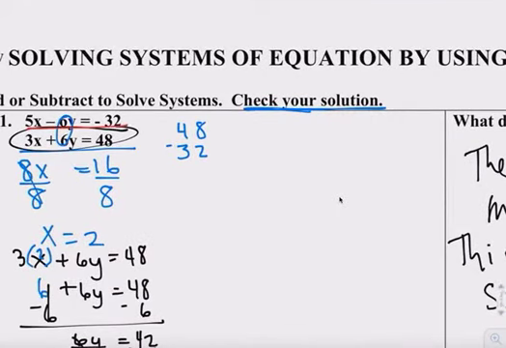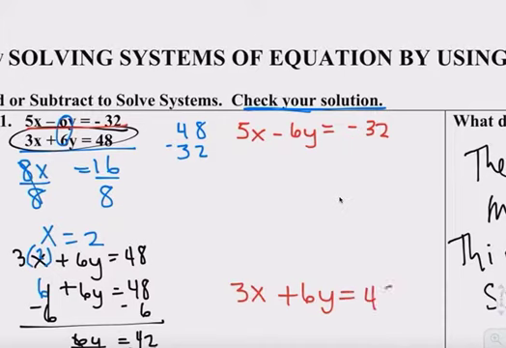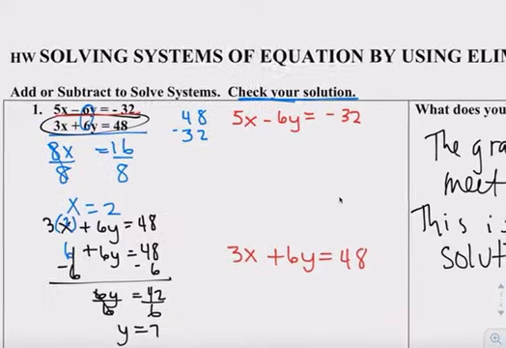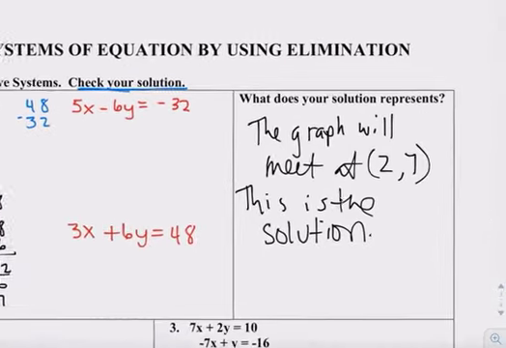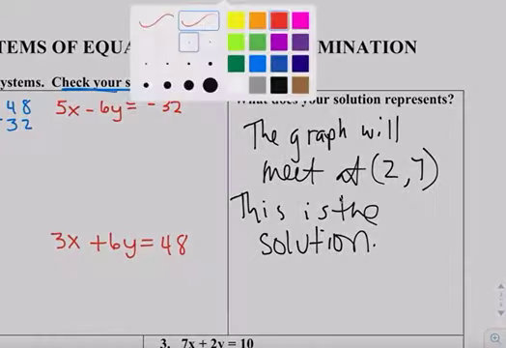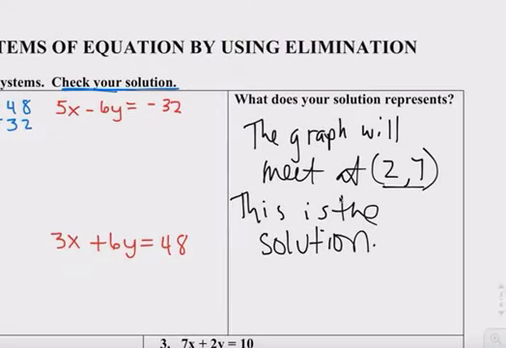Checking, you take both equations: 5x minus 6y equals negative 32, and the other one, 3x plus 6y equals 48. So x is 2 and y is 7.